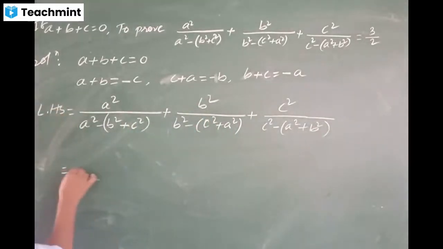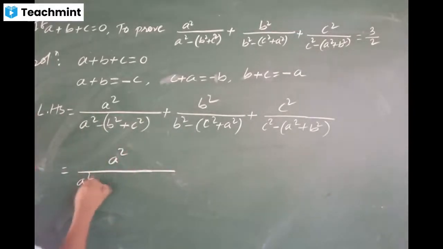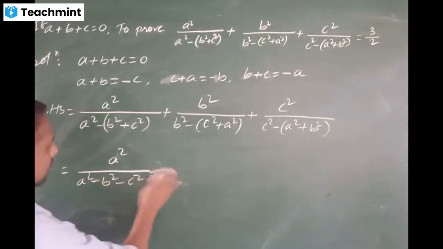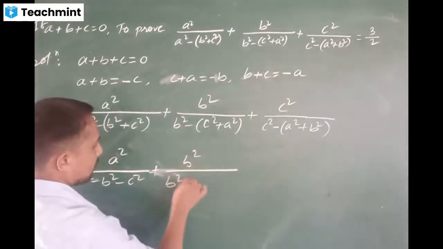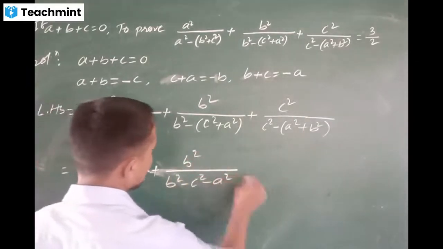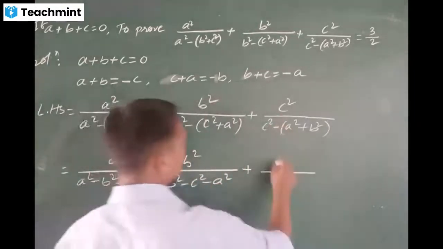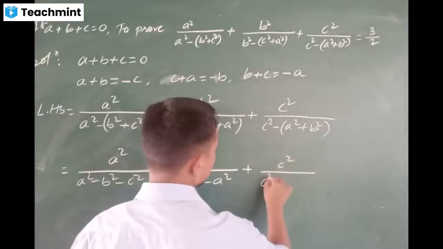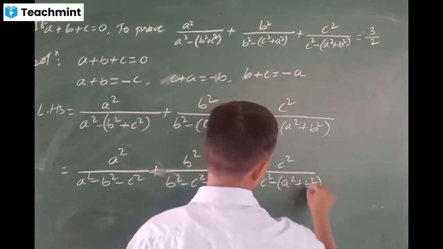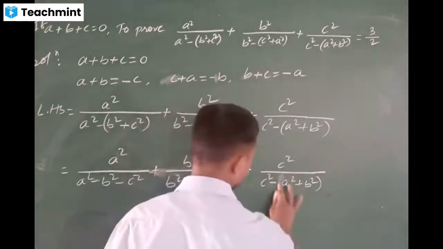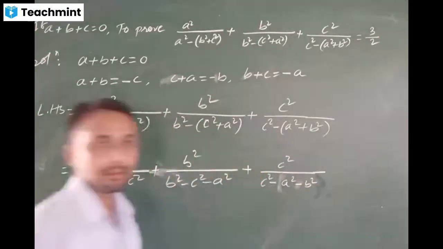Now we have here a square minus b square minus c square plus b square minus c square minus a square plus c square minus a square minus b square.